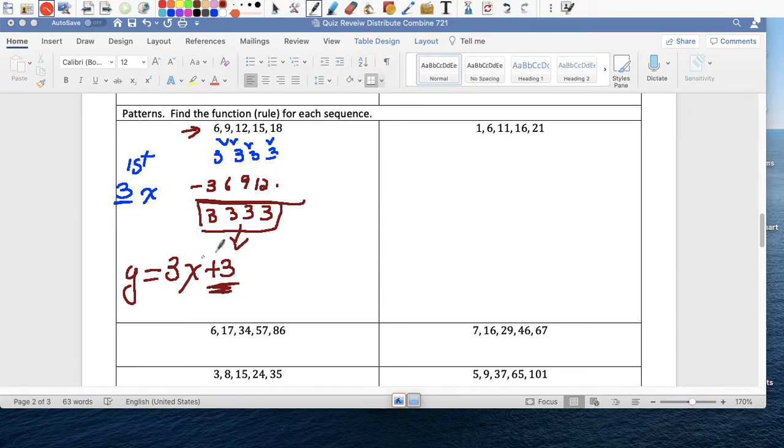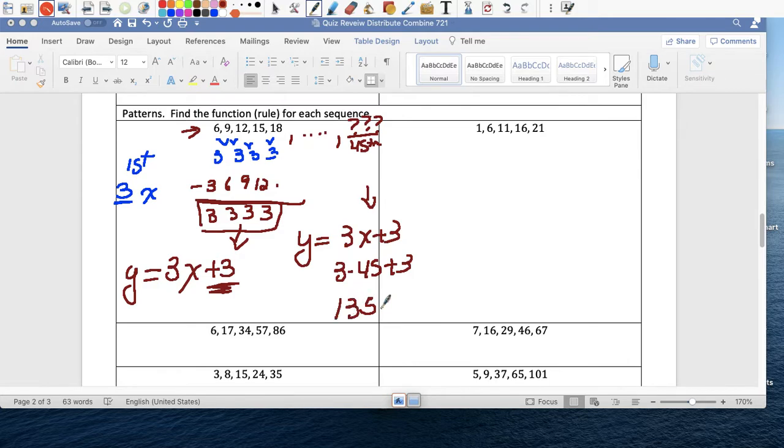Okay? So just to confirm, let's say I wanted the 45th term in this sequence. What would be this particular number? We can use that little function that we just found, right? And the 45, we replace it here. So we get 3 times 45 plus 3. 3 times 45 is, I have no idea, 135, plus 3.